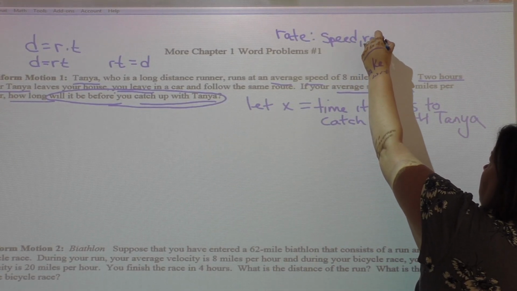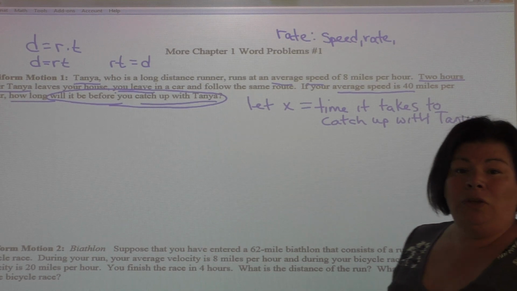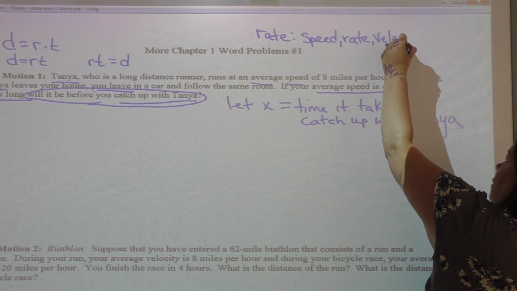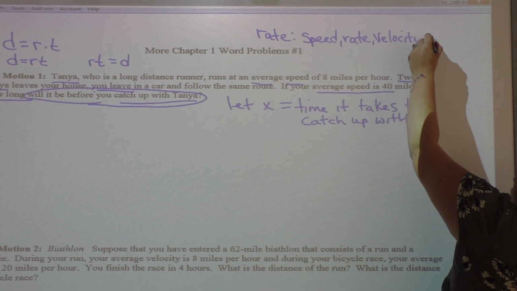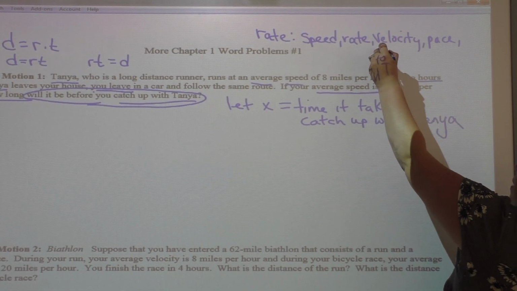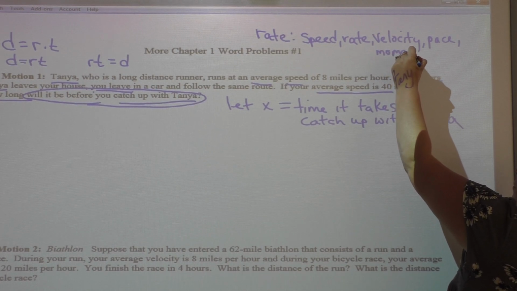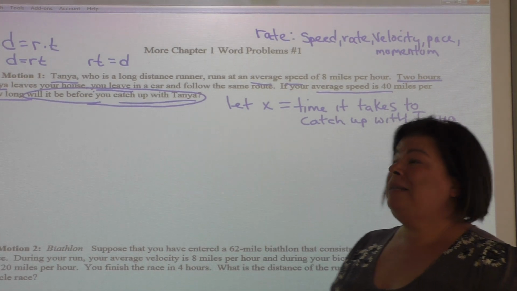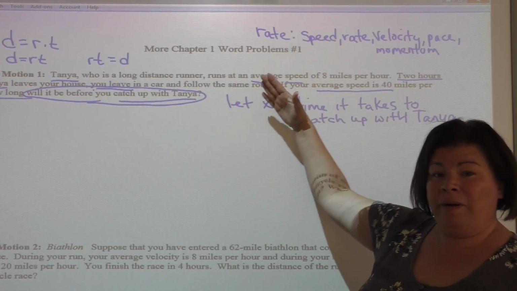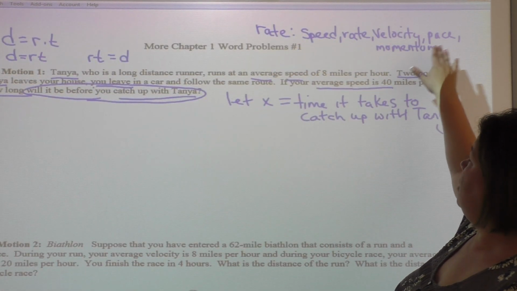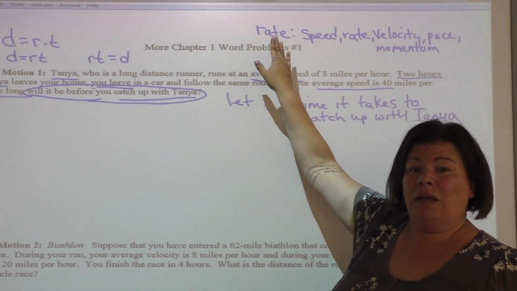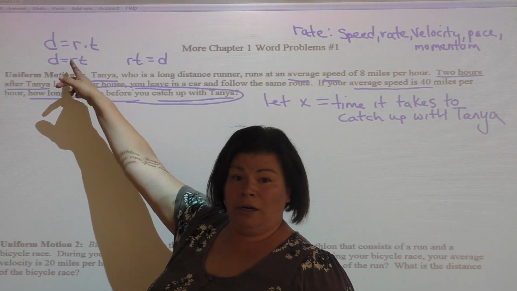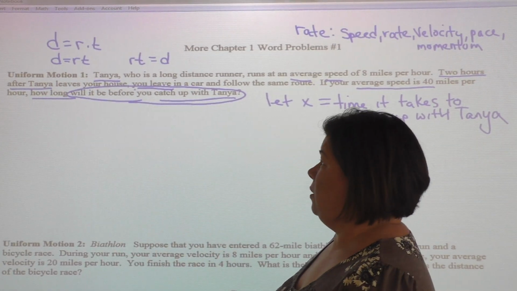You may see the words velocity, pace, momentum, or rate of change. So any time in a word problem that you see any of these synonyms, they're specifically standing in for the word rate, with respect to the r in our distance equation.